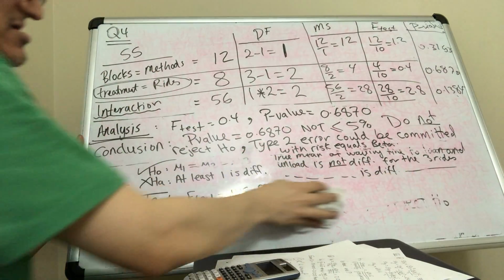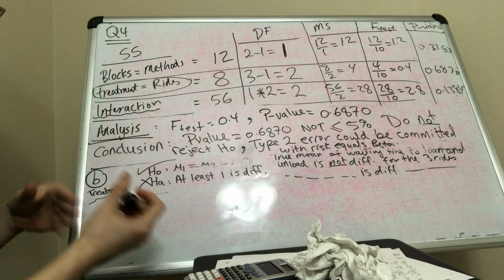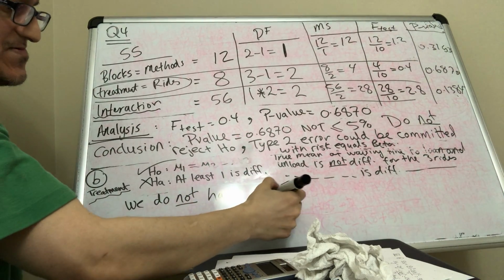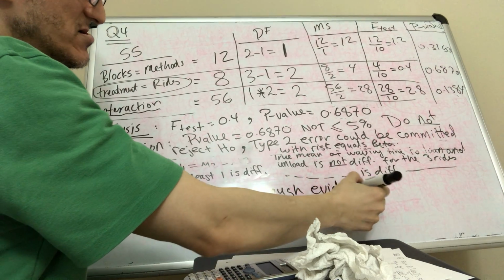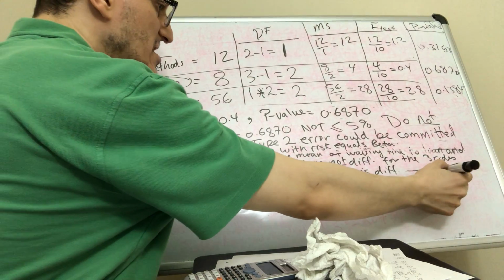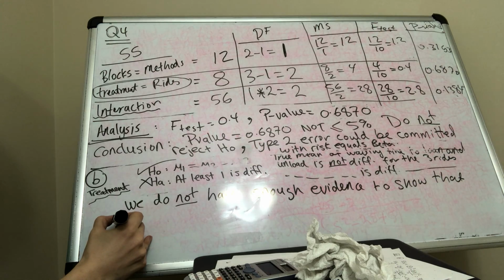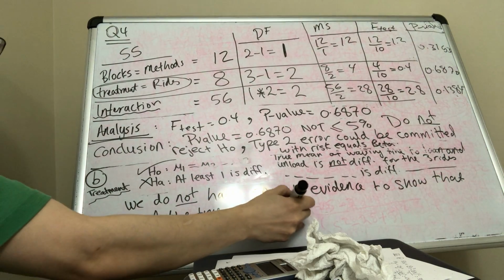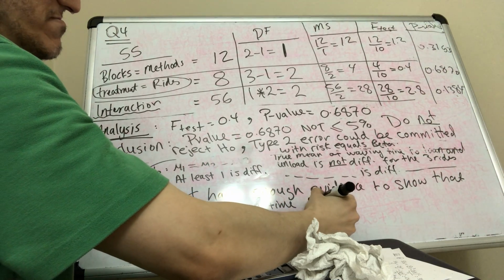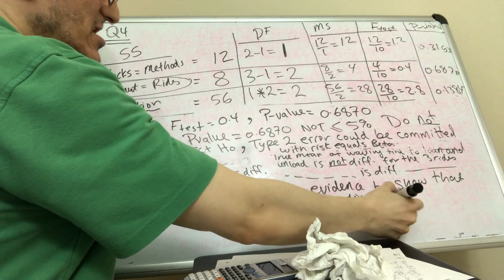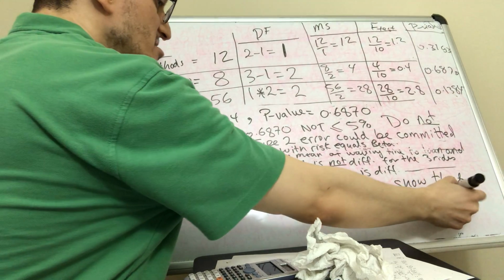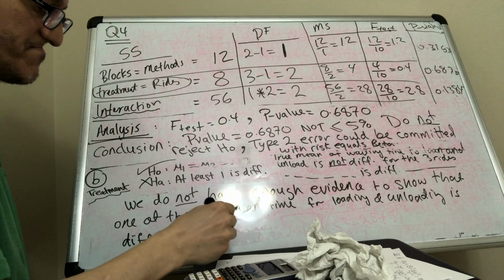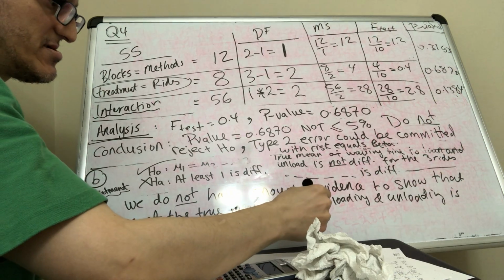So in English, we do not have enough evidence to show that one of the true mean time for loading and unloading is different among the three rides.